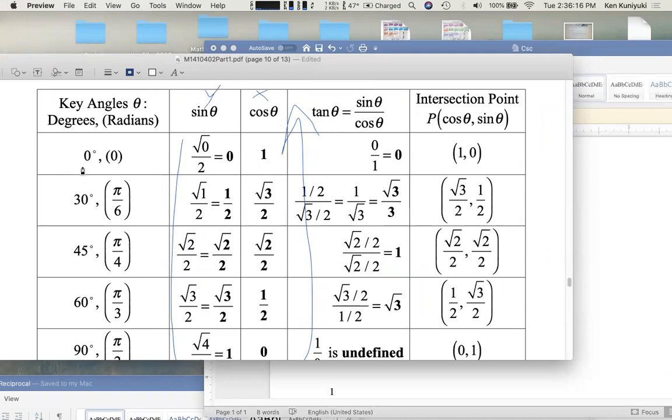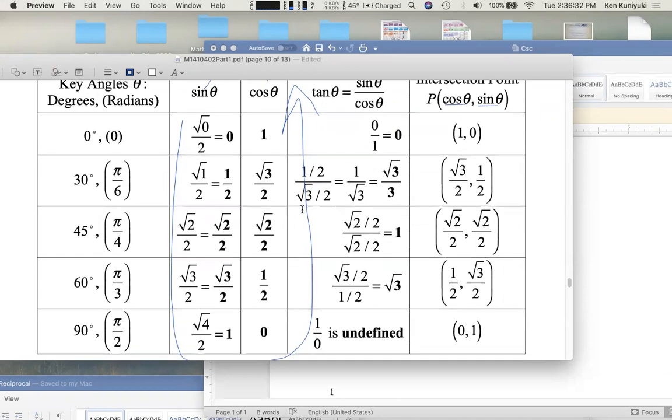So for 0 degrees, the intersection point of the terminal side with the unit circle will not be 0, 1, it'll be 1, 0. X here, y here. Cosine first, and then sine.